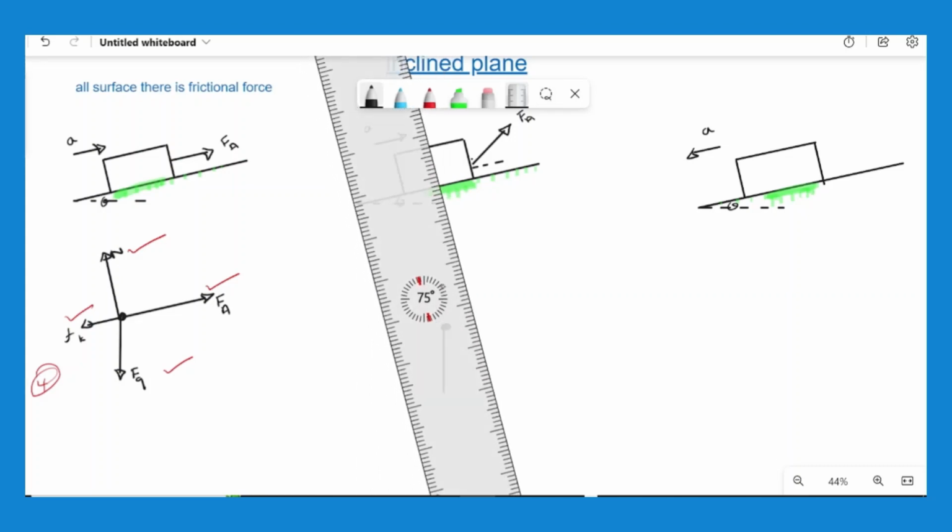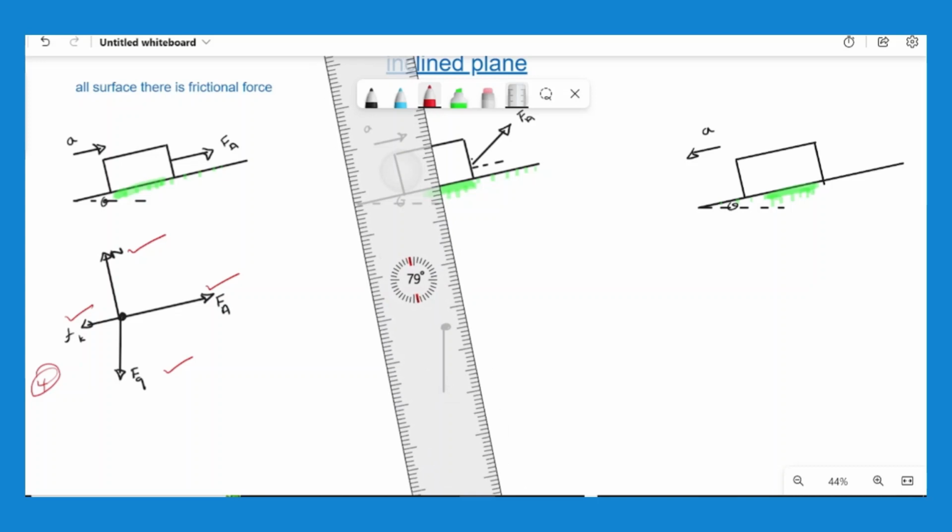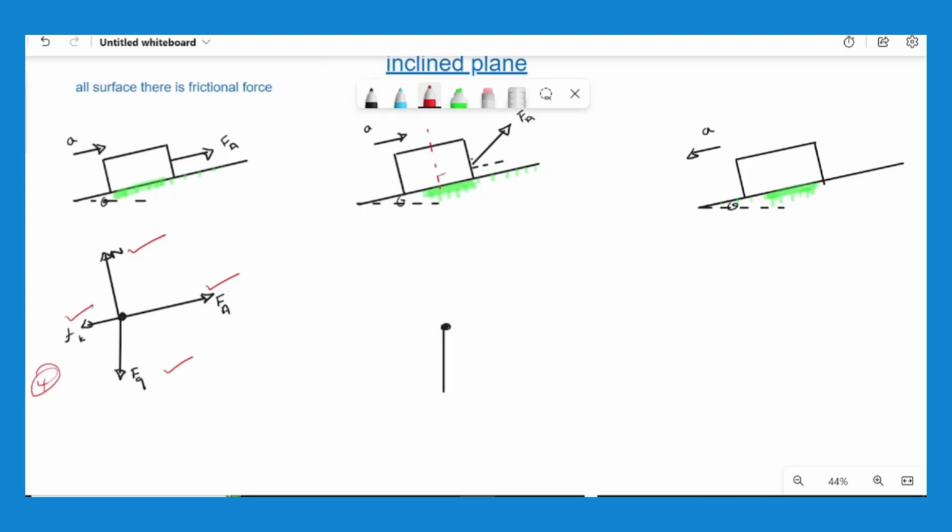If you look at my object there, you can see that now I've got normal force in this type of direction. Can you see that? In the sense that now my normal force will be perpendicular to that object.